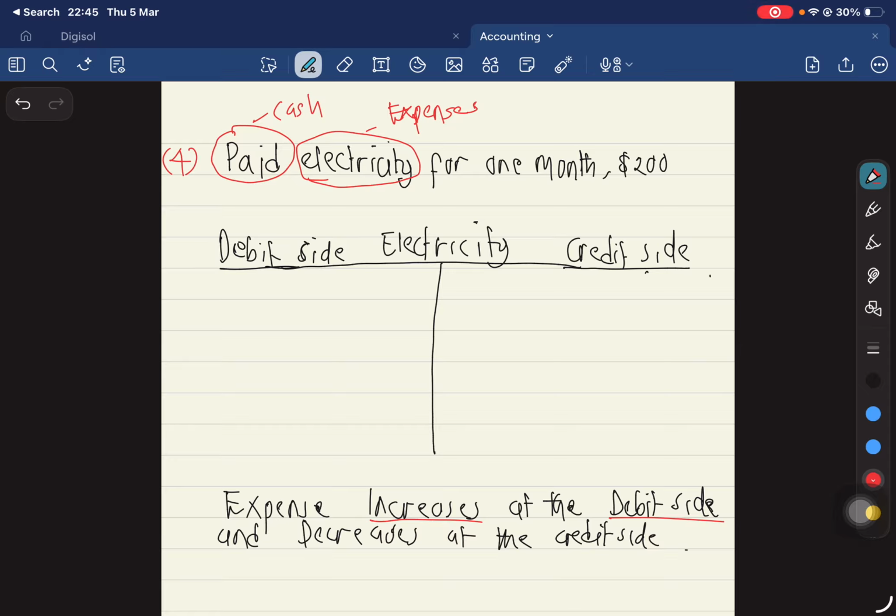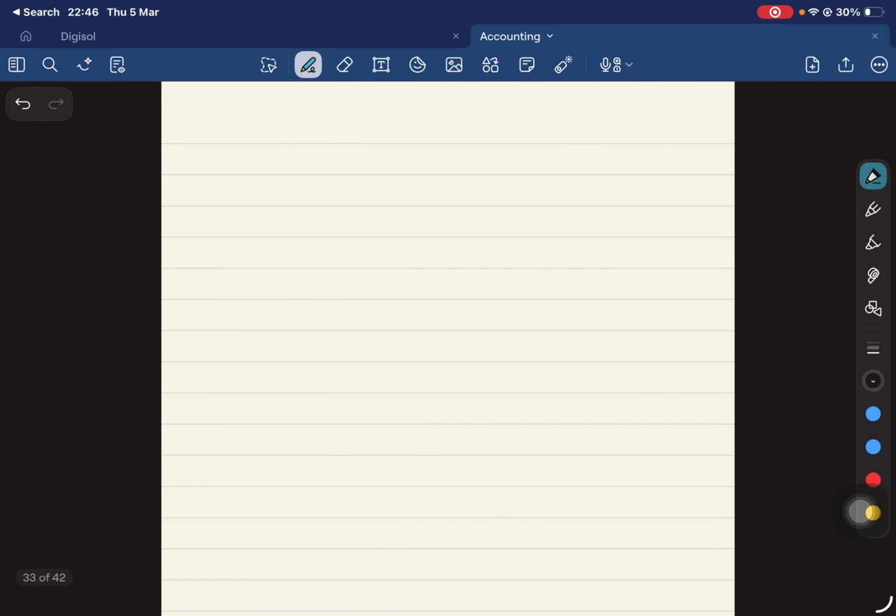So now let's debit it with 200 in the name of cash. It's increased because we paid with cash. And since we have debited the electricity account, as we said, when you debit one account, you credit the other one. So we will credit the cash account.